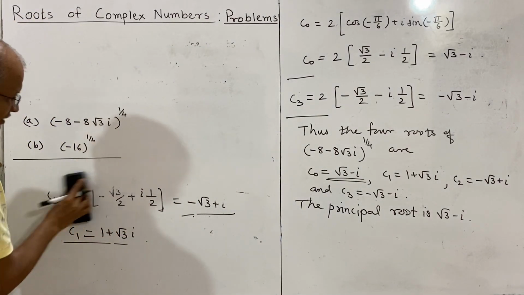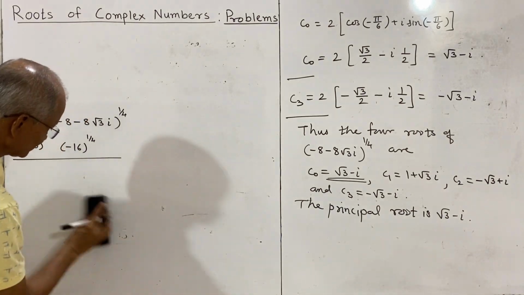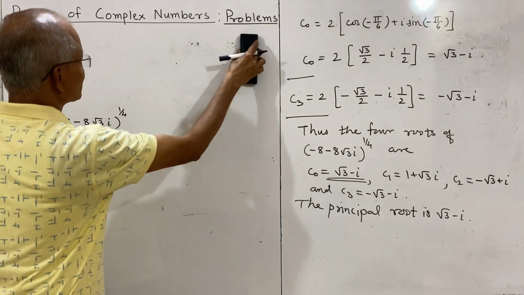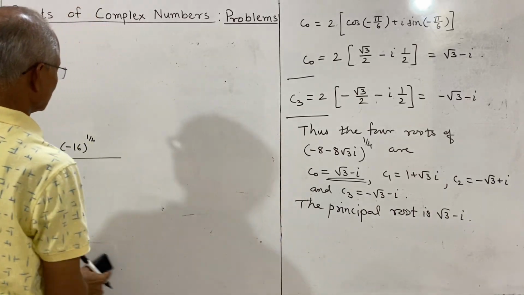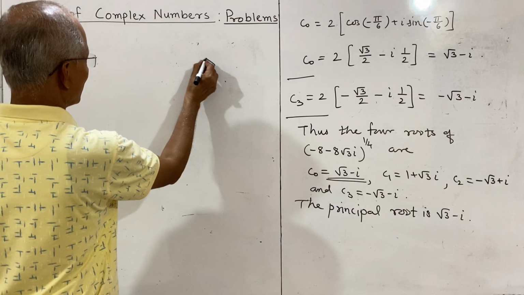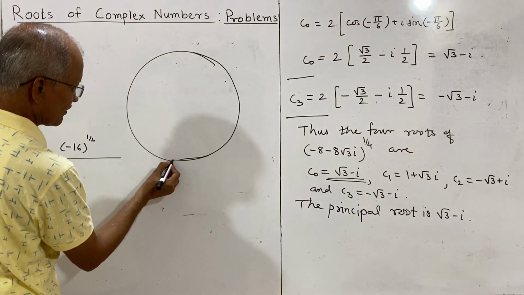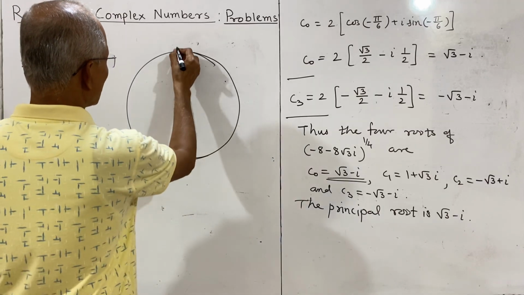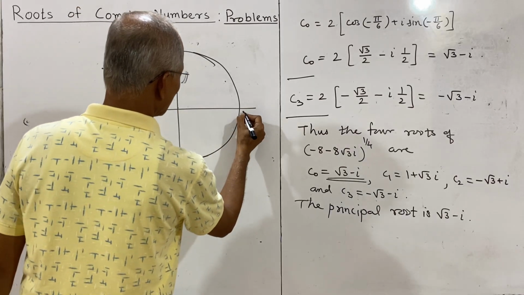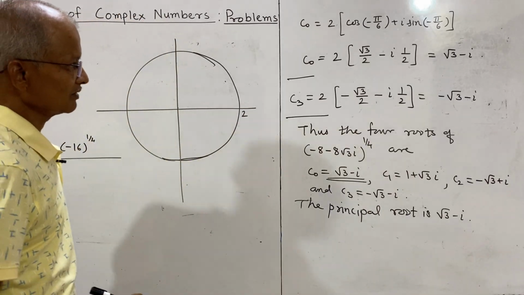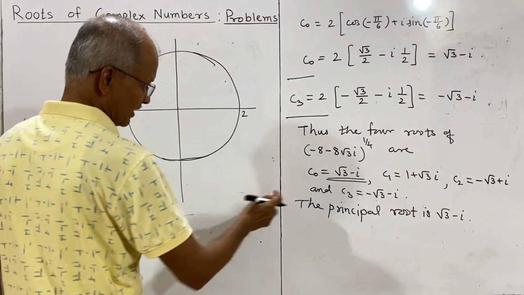So we shall draw the figure here. The radius is 2, and you see this is root 3 minus I, the principal root.